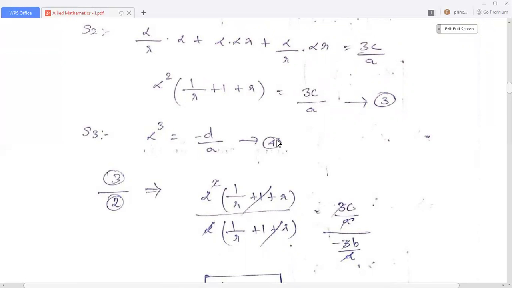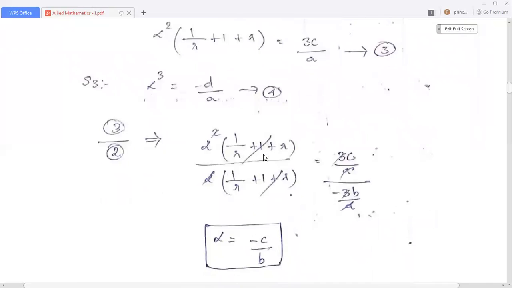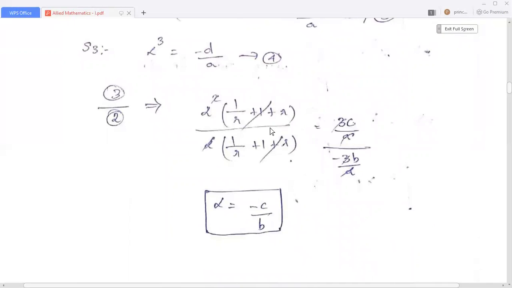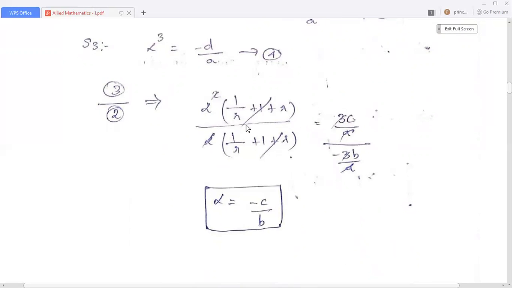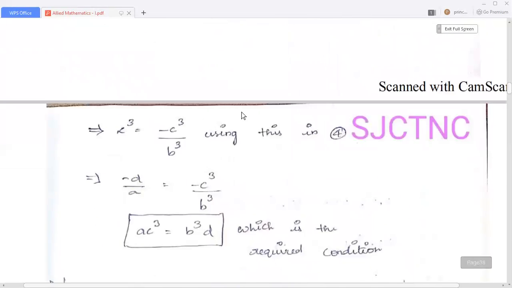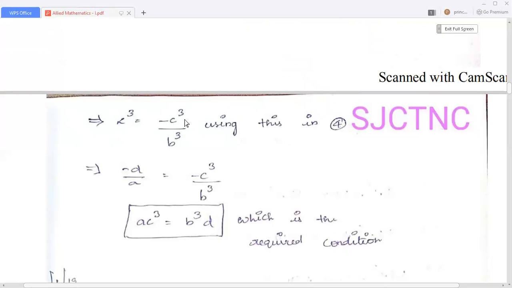Then we divide equation 3 by 2. We get this expression. We simplify this. We get alpha is equal to minus c by b. Alpha cube equal to minus c cube by b cube.